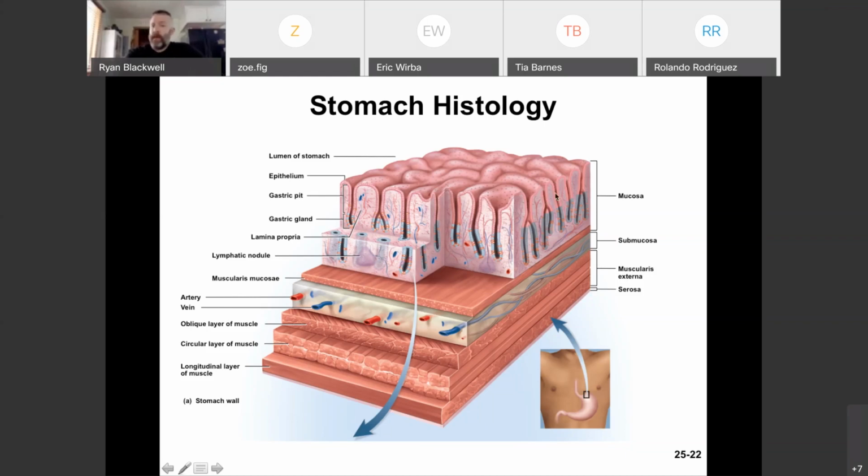Sometimes one gastric pit leads to one gastric gland, right? Oftentimes one gastric pit will lead to two gastric glands. Well, there are specialized cells that line the gastric pits and gastric glands that produce key digestive products, right?